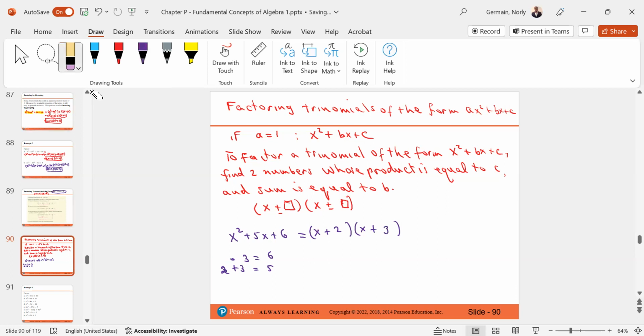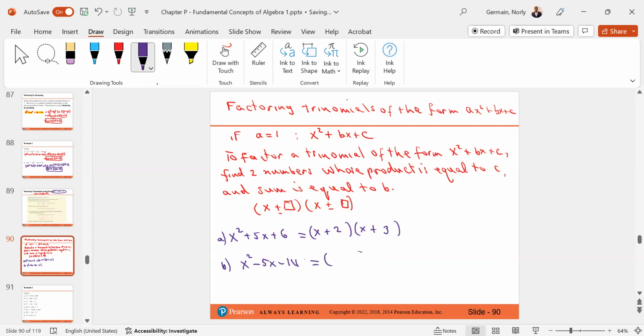All right, so you got that example correct, but how about if we have, that's A, if you have B, x squared minus 5x minus 14. How are you going to factor this one?